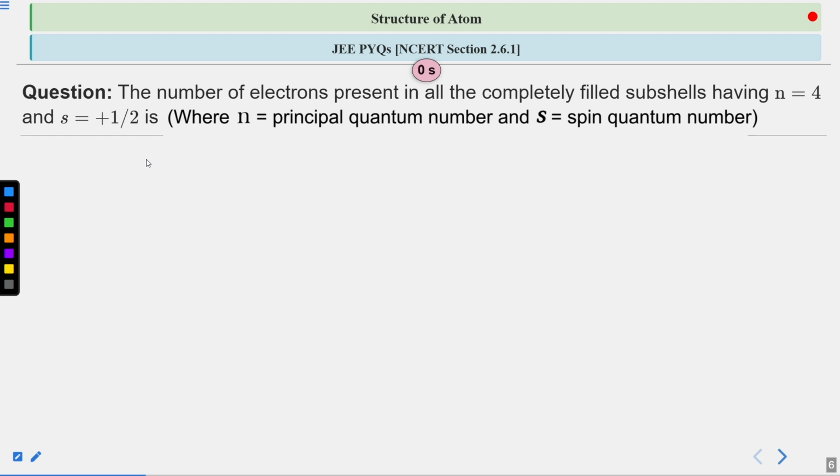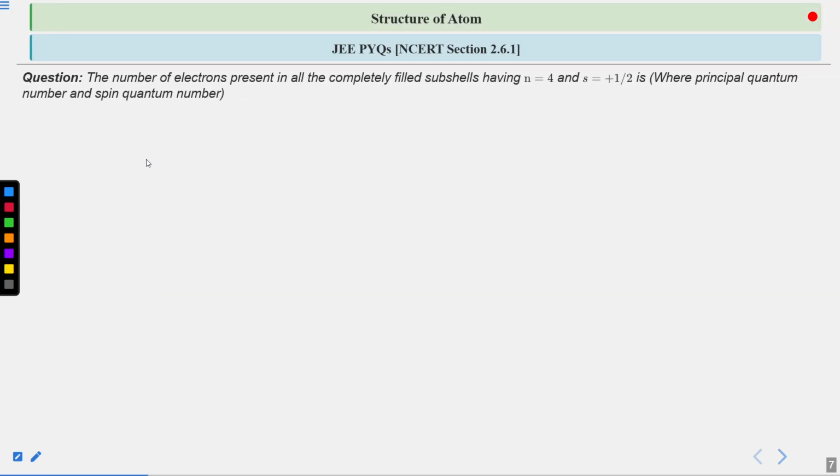Let's see. So for this question, the correct answer is 16. So how is it 16? First of all, let's find out the number of orbitals for our principal quantum number n equals to 4.